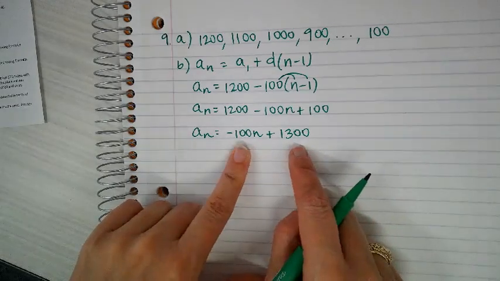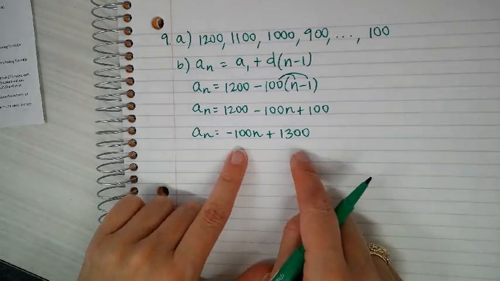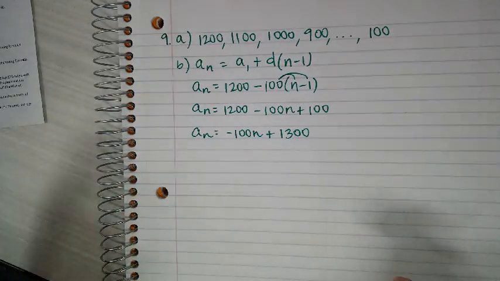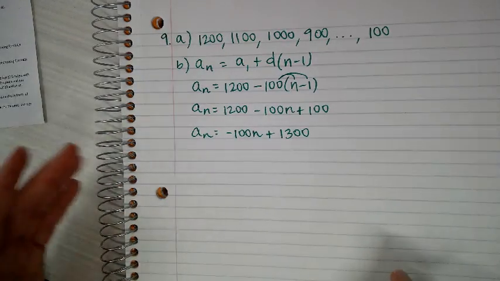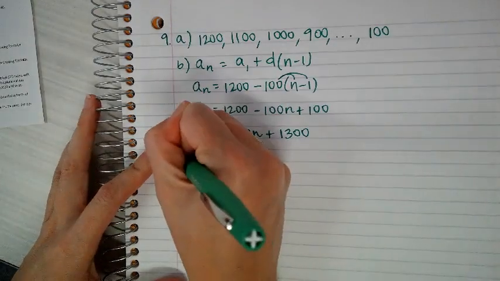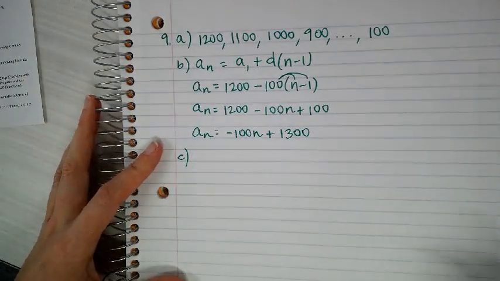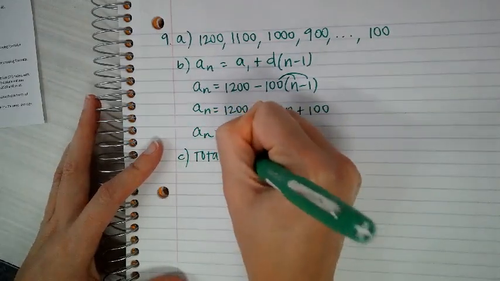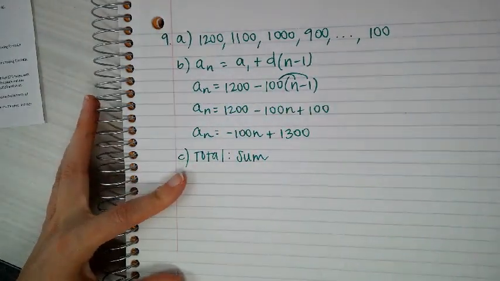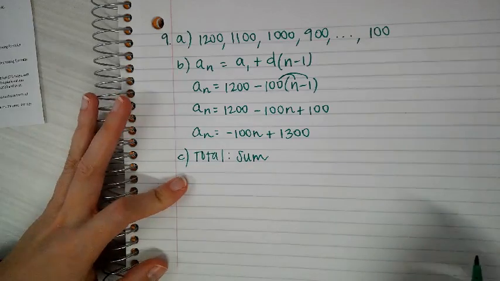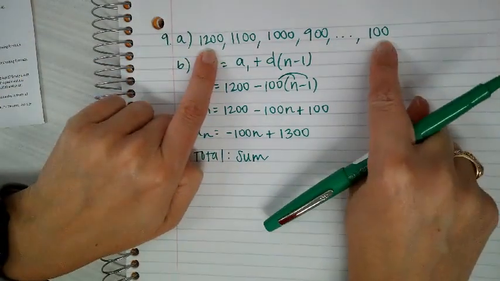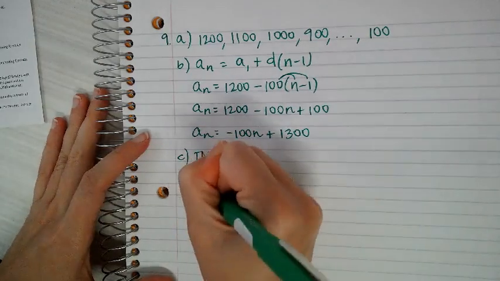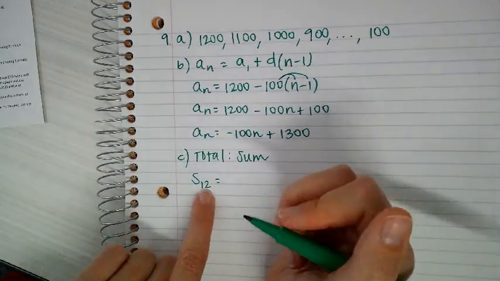And C says, find the total amount of prize money awarded at the tournament. Ooh, that sounds like a sum. Practice solving with and without the calculator. Okay, so let's see, total would be our sum. I'm going to go short form since we know the first and the last value here. So think about, we're adding together these 12 items in our sequence for the 12 winners.